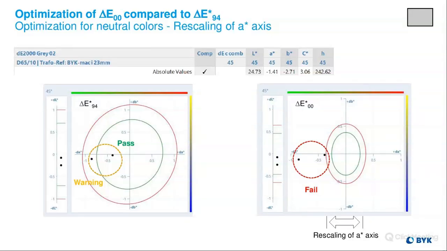So it's a big deal that this is changing it this much to make one have a pass and the other one have a fail. And that's why it's super important to pick what color equations you're going to use when you're setting up your color program for all the different colors that you're looking at visually and numerically.